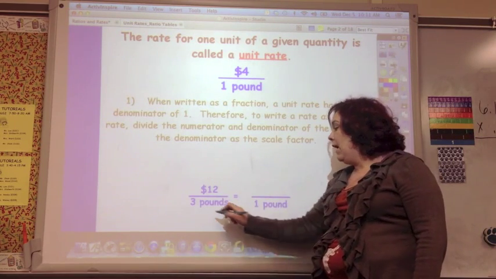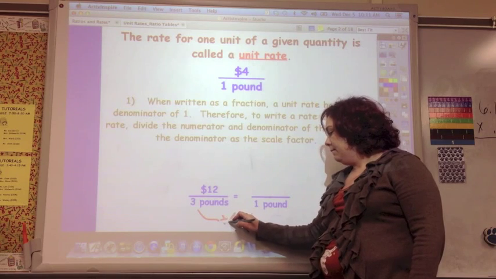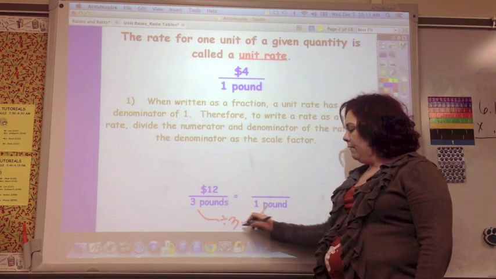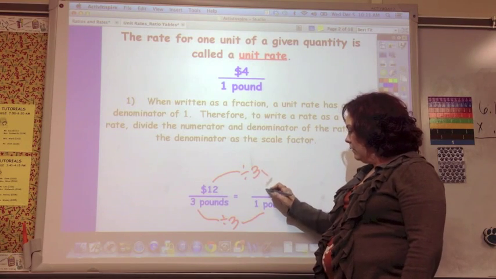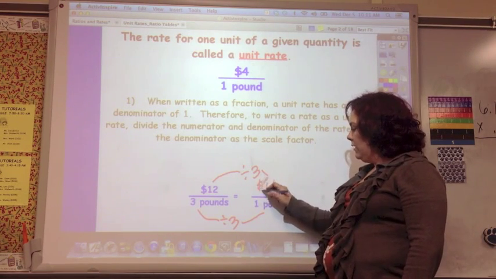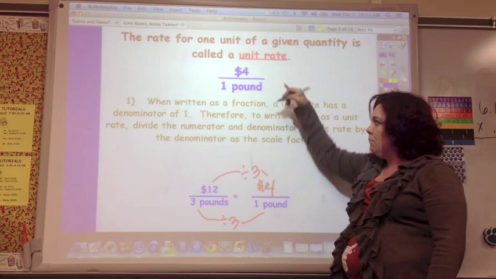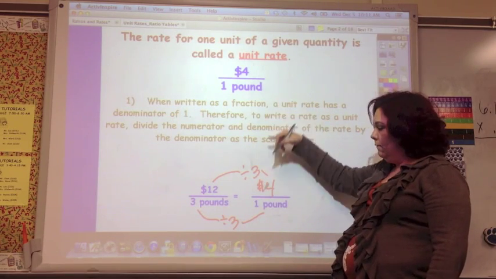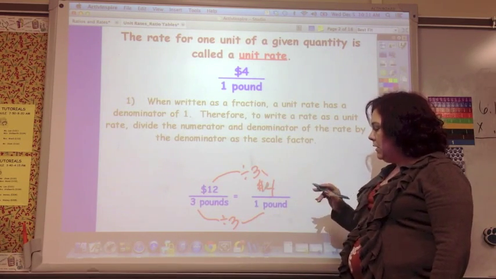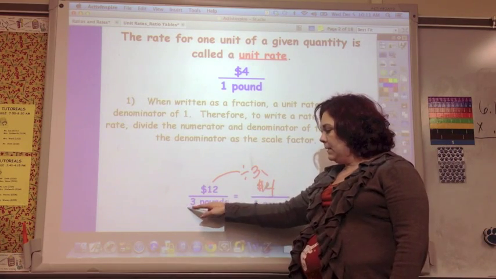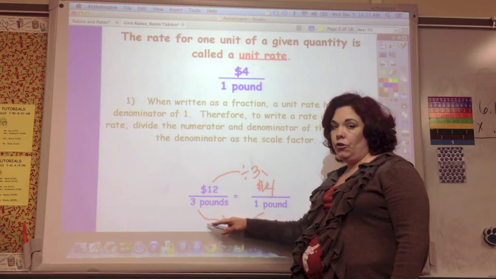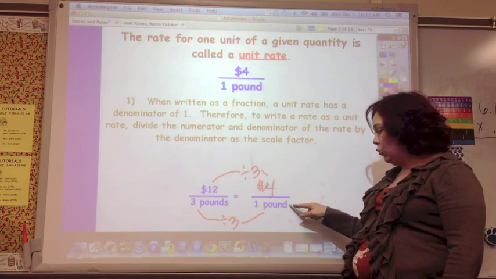You have to divide by 3. And whatever I do to the bottom, I do to the top. So this would give me $4 per pound. Whatever this denominator is, that's what you're going to divide by to get to 1.